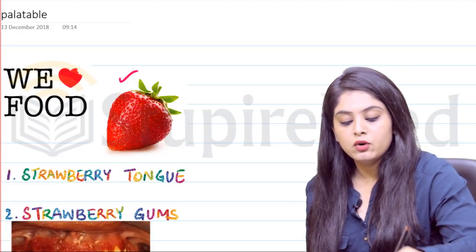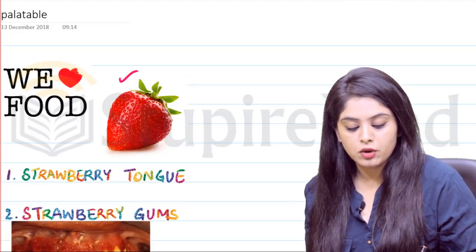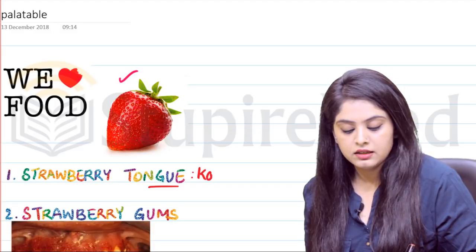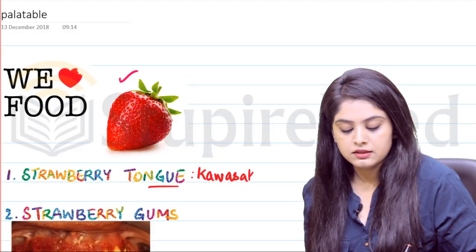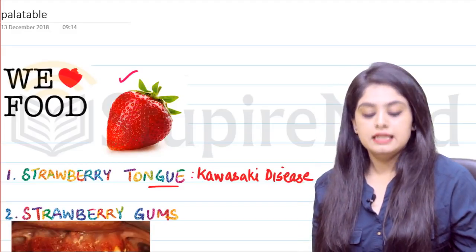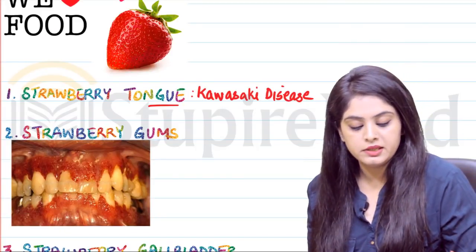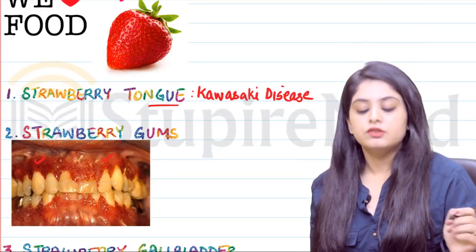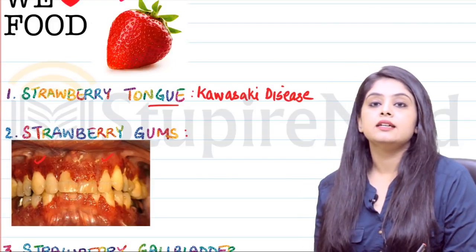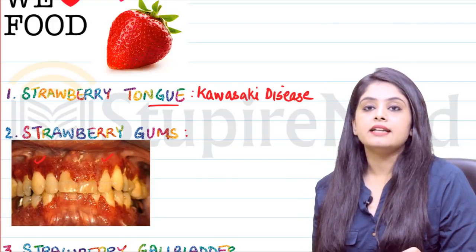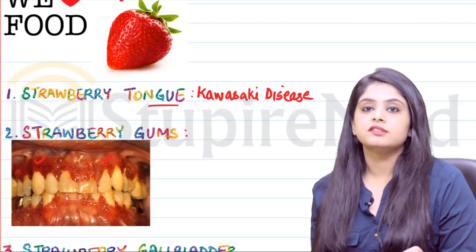So the first one I hope everyone knows by now. Strawberry tongue is seen in Kawasaki disease. The next one is strawberry gums that you can easily appreciate. Strawberry gums is seen in another vasculitis, that is Wegener's granulomatosis.